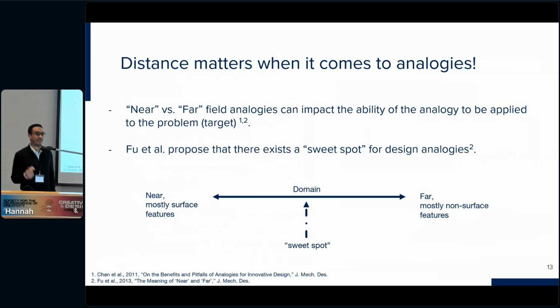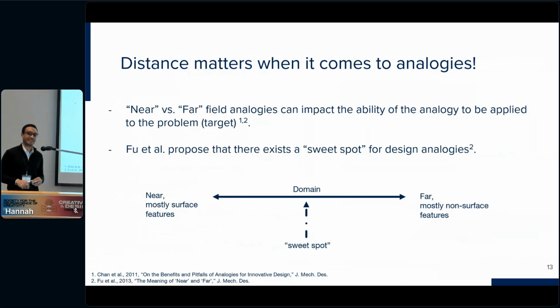The first is that this idea of distance really matters when it comes to analogical stimuli. So we can think of near or far field analogies being how closely related they are to the problem that you're solving, near sharing mostly surface features with the problem, far mostly non-surface features, for example, the biological examples I showed on the last slide.